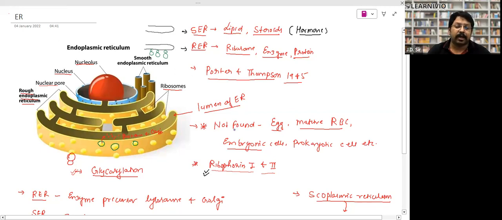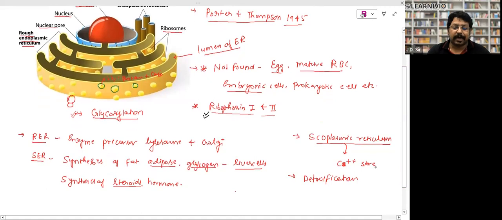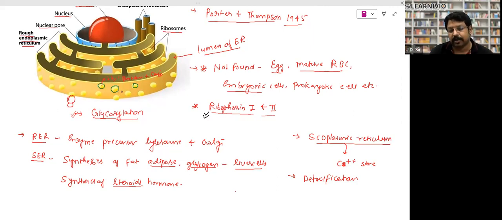Very important fact: they are not found in egg and mature RBC. They are not found in egg, mature RBC, embryonic cells, prokaryotic cells, etc. Right? Ribosomes remain attached, this is also a very important fact, to the surface of endoplasmic reticulum with the help of proteins called ribophorin 1 and ribophorin 2.